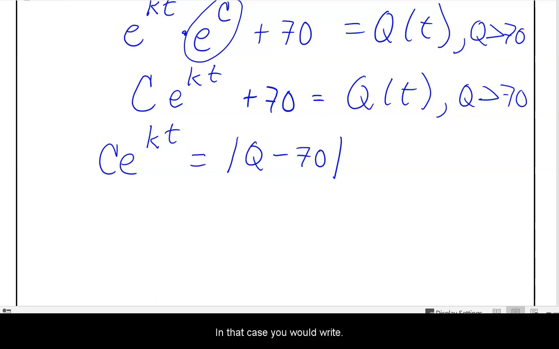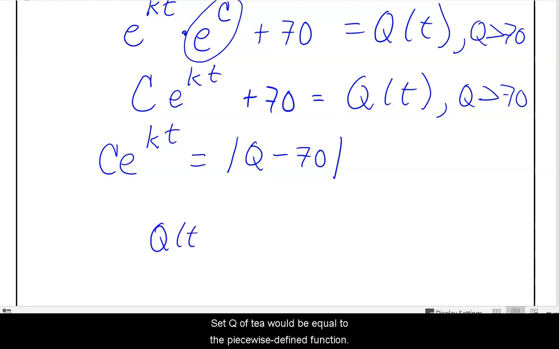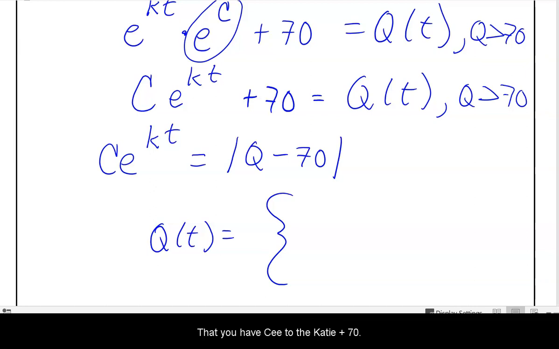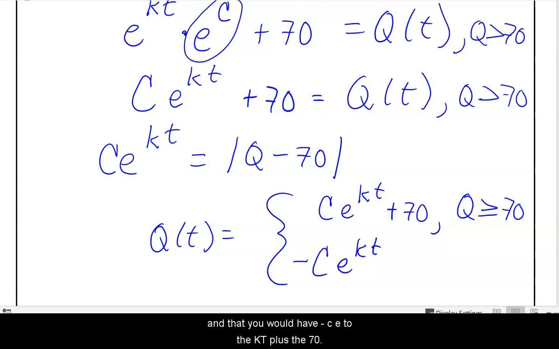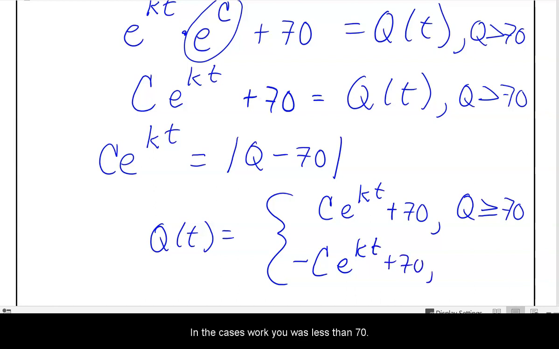In that case, you would write the following: that q of t would be equal to the piecewise defined function that you have c e to the kt plus 70 for the cases where q is greater than or equal to 70, and that you would have minus c e to the kt plus the 70 in the cases where q was less than 70.